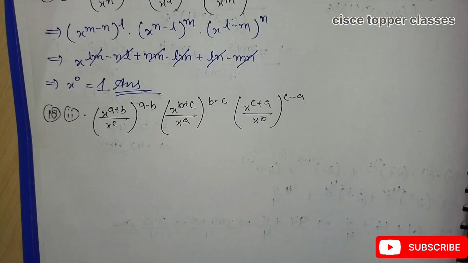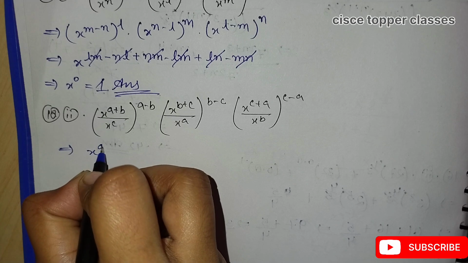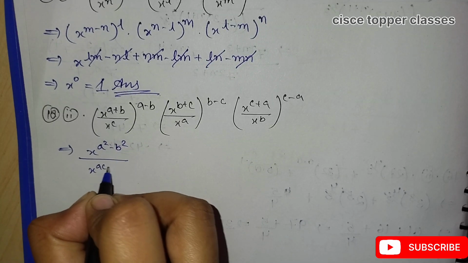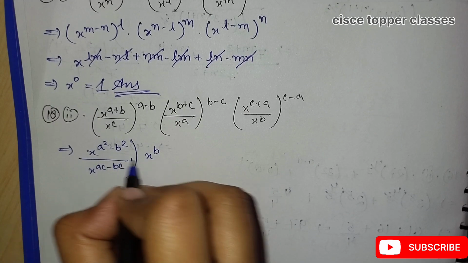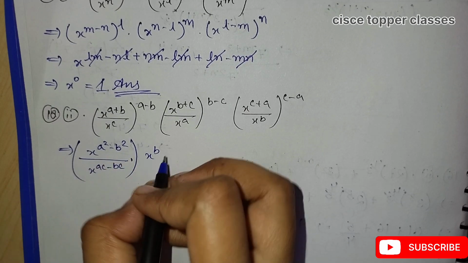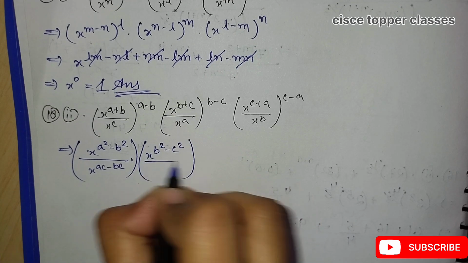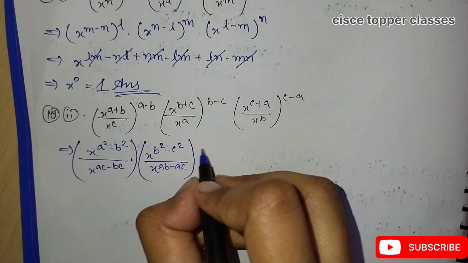We can simply write this as x to the power a square minus b square, and opening the bracket, and x to the power ac minus bc, dot x to the power b square, we can take brackets here firstly. So here also b square minus c square and opening the bracket, and here x to the power on denominator as ab minus ac.